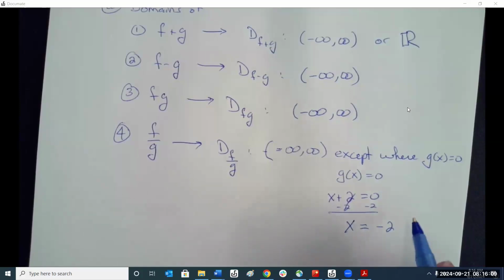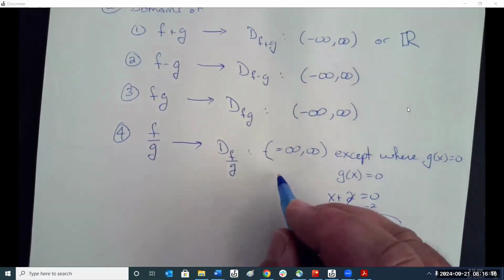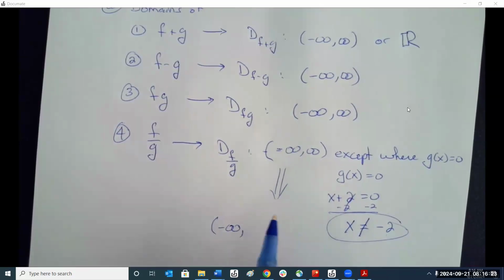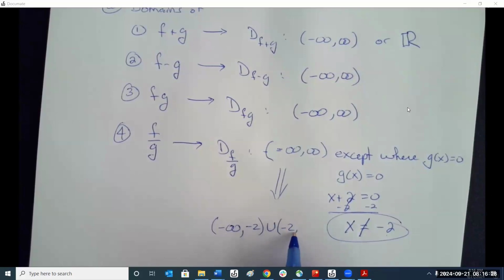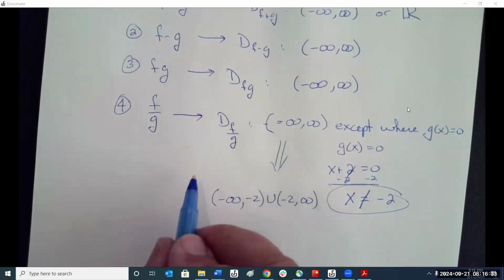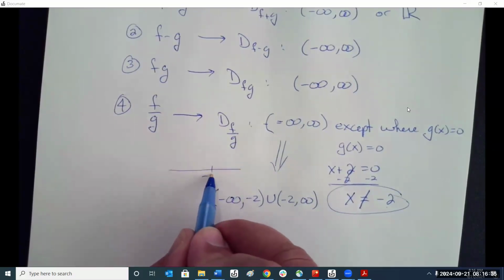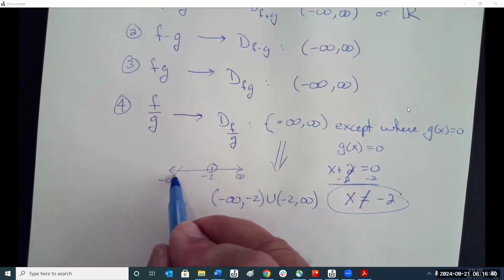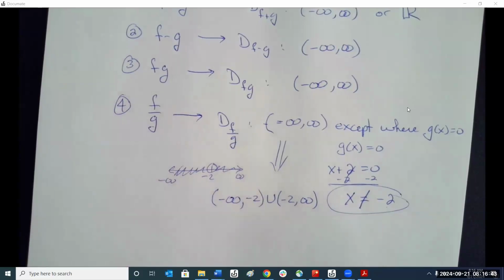So when x equals negative 2, the function equals 0. So we cannot use negative 2. So our domain now changes from negative infinity to negative 2, union negative 2 to positive infinity. Because it looks like this. We have a hole there. We can use everything except that number.